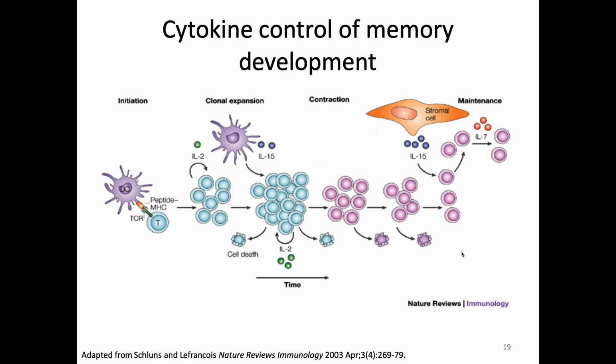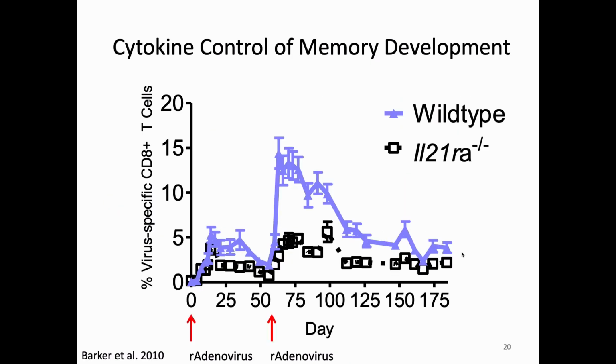To give you one example of what that looks like, I promise this is not just self-promotion. This is a figure from my dissertation. Well, it's a figure from a paper, but it's also in my dissertation. Here I was looking at normal mice, wild type mice, in purple. I was also looking at mice that were missing a receptor for a cytokine, specifically the alpha chain of the IL-21 receptor, so IL-21 receptor alpha deficient mice.